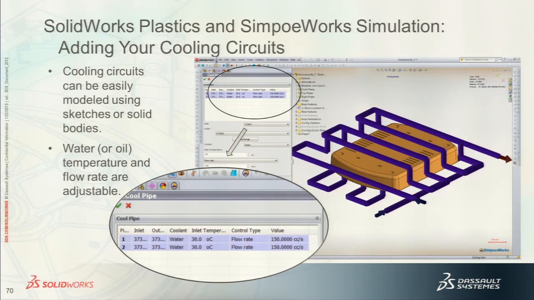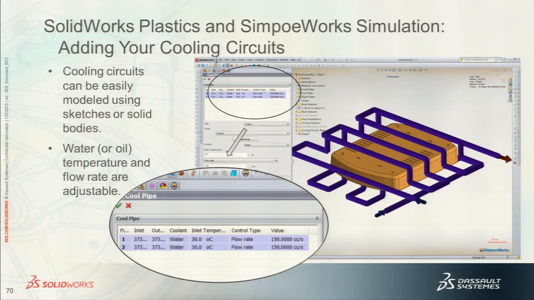For the cooling channels, you can regulate the flow of your coolant, the temperature of your coolant. You could go in and create settings that would reflect how you're going to be running your molding process, how you're going to be setting up your cooling conditions.